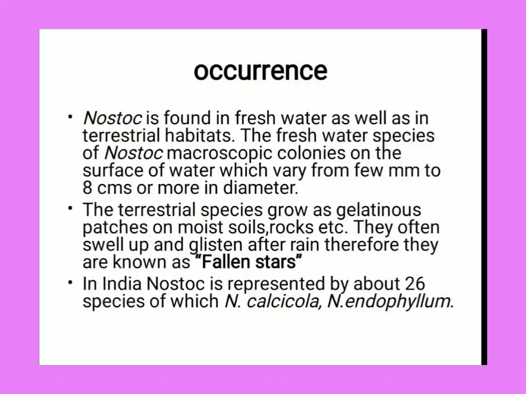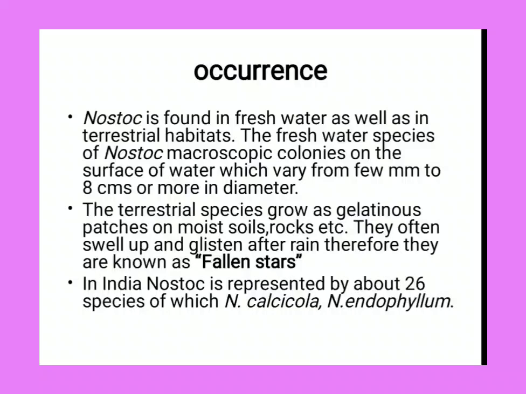In India, Nostoc is represented by about 26 species, such as Nostoc calcicola and Nostoc endophyllum. Nostoc is a freshwater algae, and it is also macroscopic, a few mm to 8 centimeters in size.